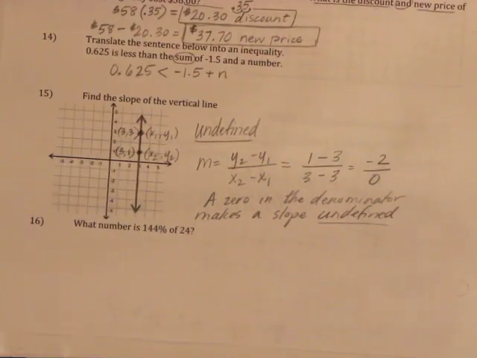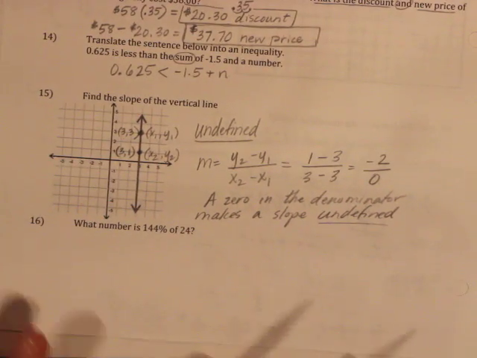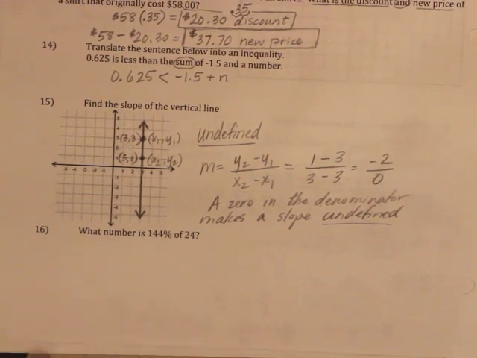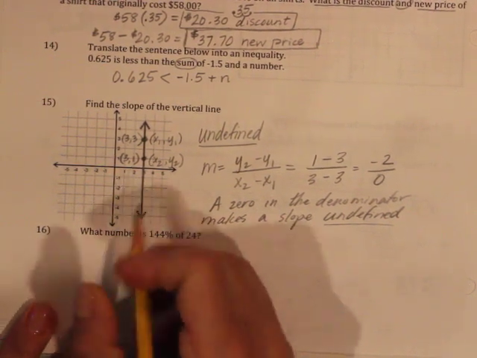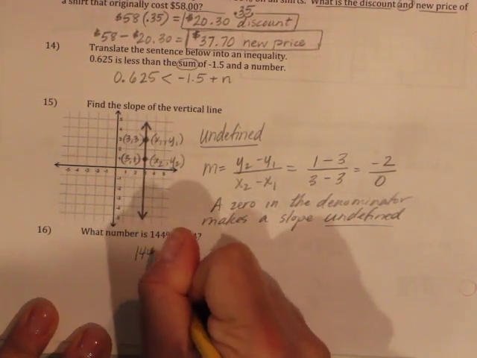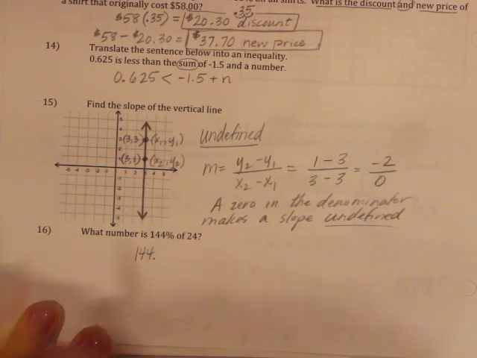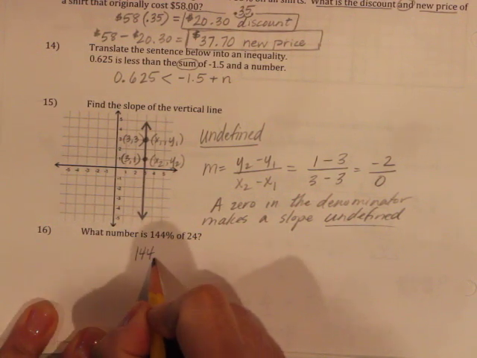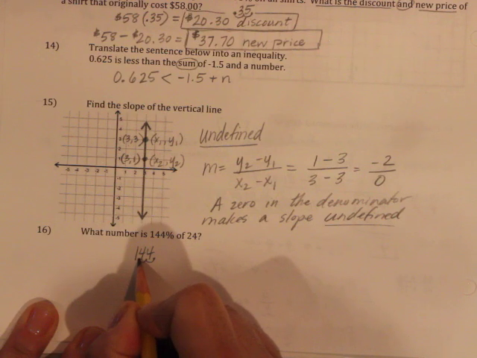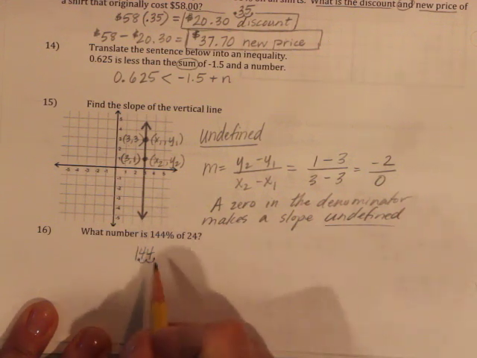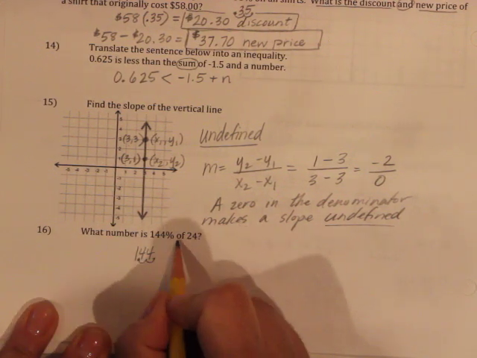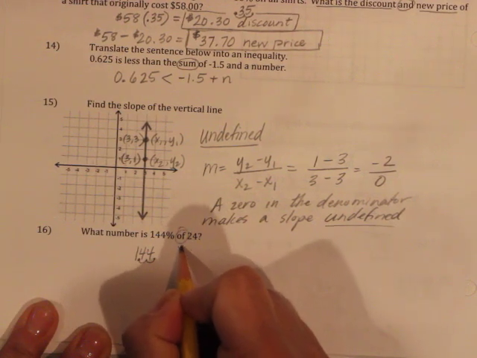Okay, number 16. What number is 144% of 24? We need to remember here, 144%, here's my decimal point, that I'm going to move 2 places. 1, 2, right there. And this 'of' translates to multiplied.